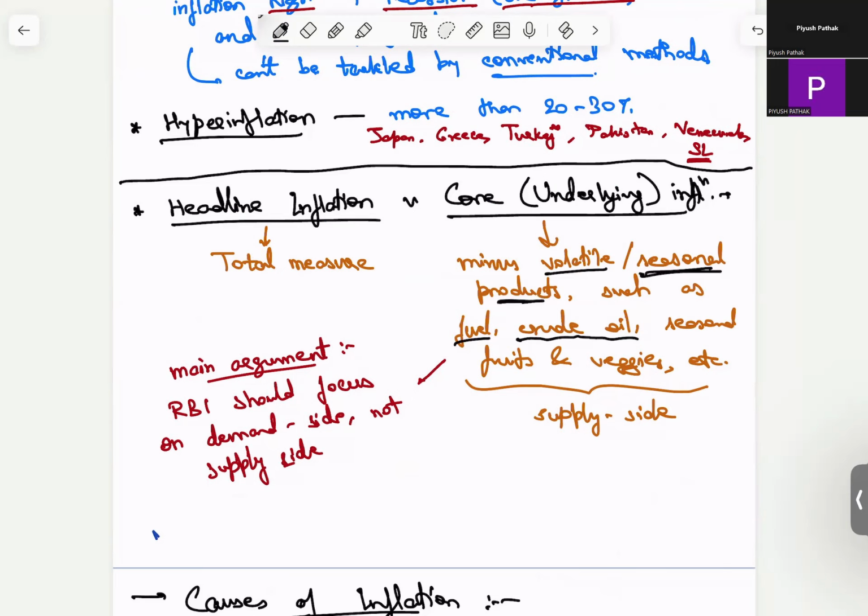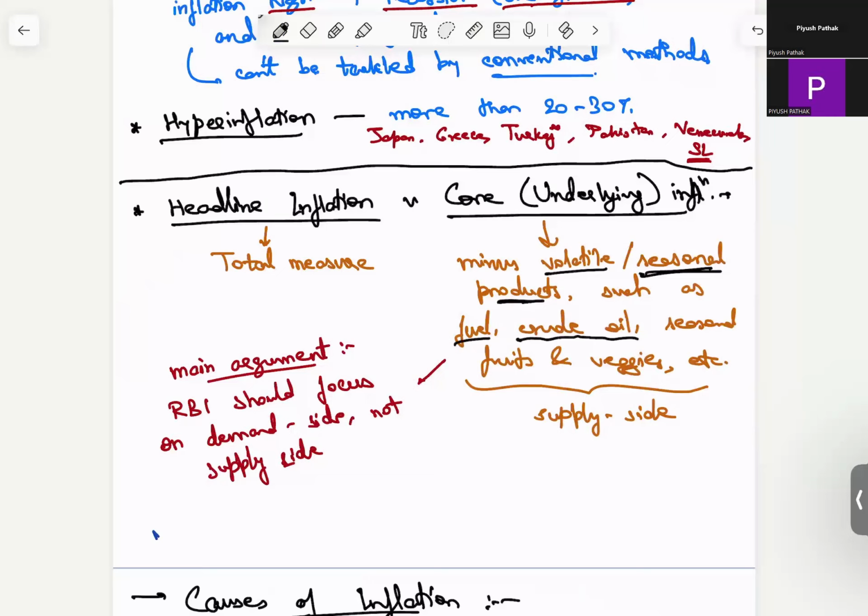So what will happen? There would be lesser onions available on the supply side, so the prices would increase, and of course it would lead to inflation for onions. So these are the volatile and seasonal products. If you include them in the counting of inflation, they give us a very bloated picture.